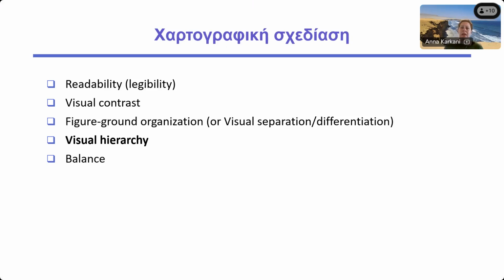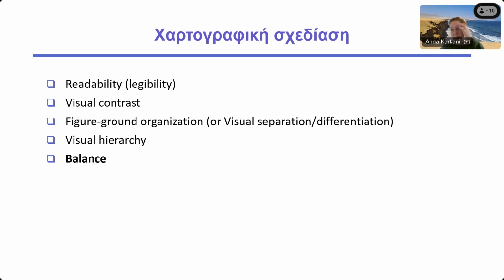So as cartographers, as designers of maps, we can manipulate in a way the visual hierarchy because we want to draw a reader's attention to some key elements in our layout, but we want to also try to keep other elements on the same visual level so they do not distract the reader. So it's really up to us how we will design our map to cover these types of principles.